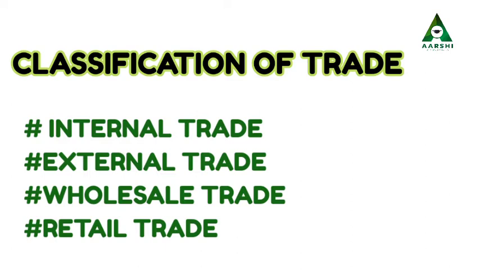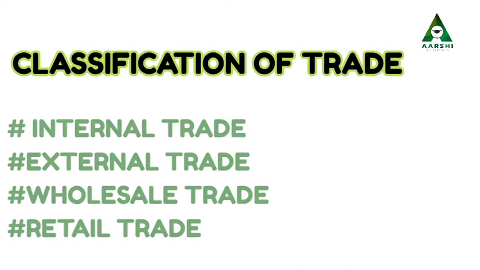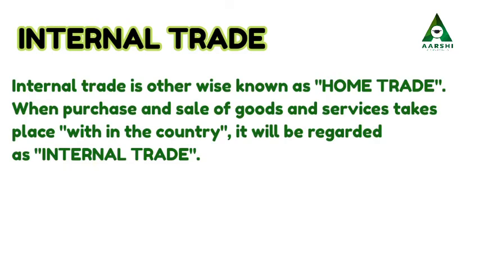Now, we have to understand what is internal trade, what is external trade, what is wholesale trade and what is retail trade. So, let's begin with internal trade. So, internal trade is otherwise known as home trade. So what is internal trade? Answer is very simple. When trade activity or when purchase or sale of goods and services taken place within the country or inside the country will be regarded as internal trade.